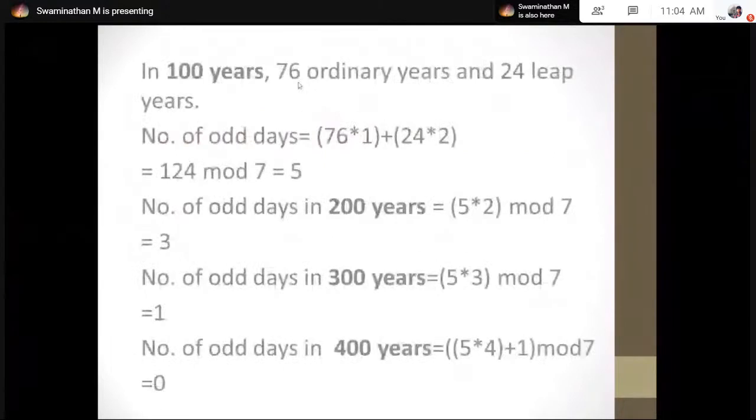So 100, 200, 300 are not leap years. For 100 years I get 5 odd days, 200 years 3 odd days, 300 years 1 odd day. For 400 years, I multiply 5 by 4 to get 20, and this 1 extra day is because 400 is a leap year.